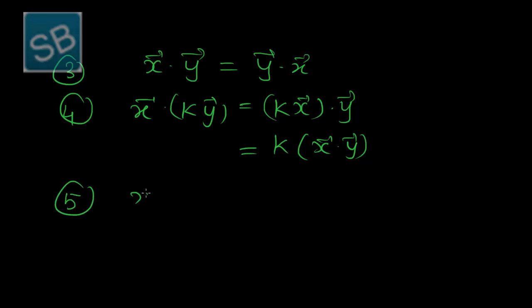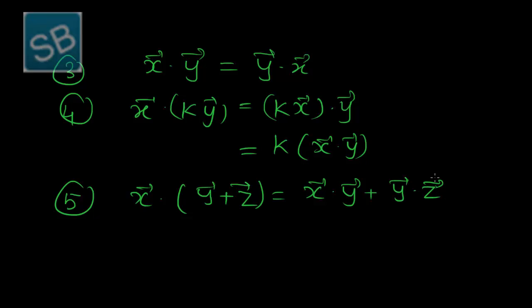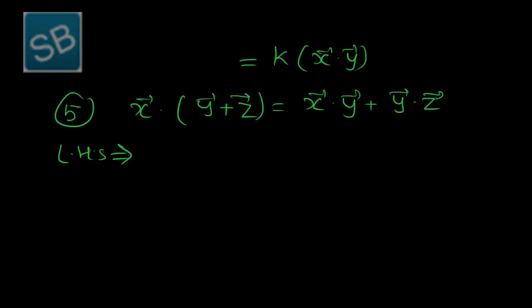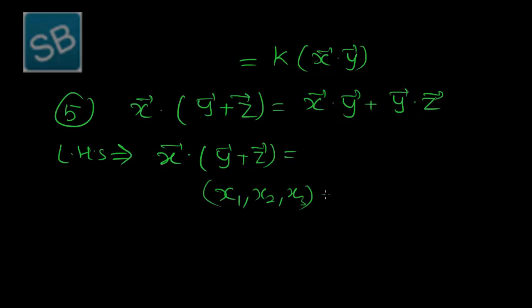So the fifth one, if we have x dot vector y plus z is equal to x dot y plus x dot z. Taking the left hand side, we have x dot y plus z vector, which is x1, x2, x3 dot y1, x2, y3 plus z1, z2, z3.